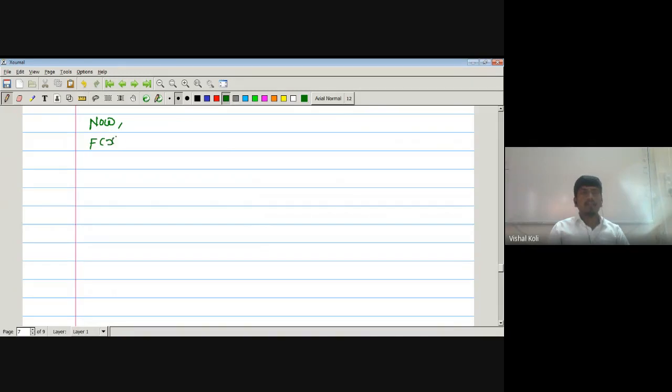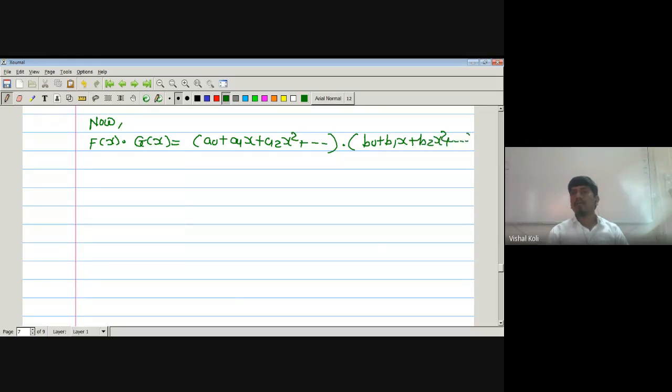f(x) into g(x) is equal to f(x), which is nothing but a naught plus a1 x plus a2 x square plus up to so on, and g(x) is nothing but b naught plus b1 x plus b2 x square plus up to so on. So after taking its multiplication, we get the terms a naught and b naught in one bracket, that is a naught into b naught, since these are the only two constants. Okay, now we have to take the coefficients of x in the second bracket.